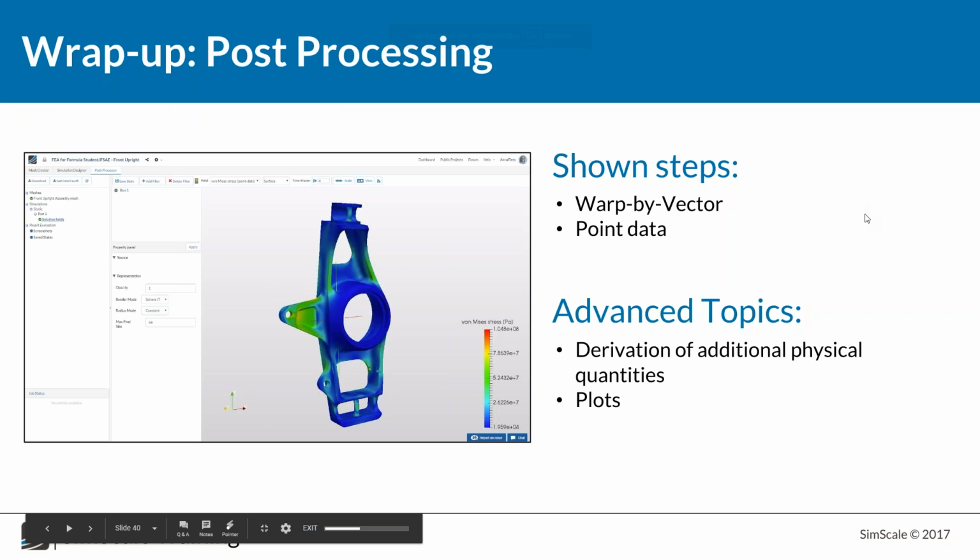All right, and yes, as I mentioned, you can visualize displacement. You can calculate maximum stresses inside the volume or for defined points, and for sure there's a lot more stuff you can do.